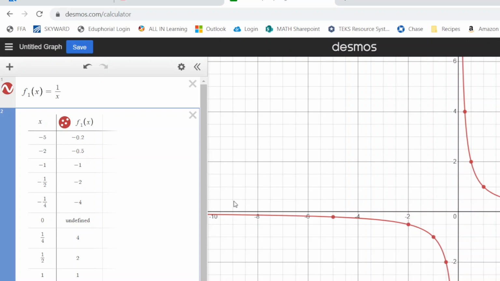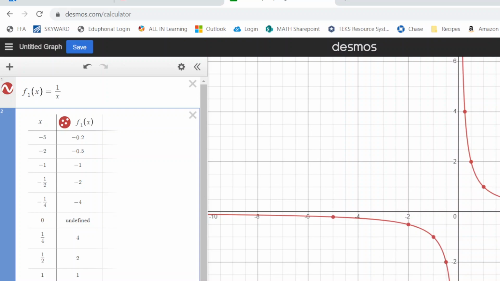But notice that as x approaches 0 from the left, y approaches -infinity. As x goes to -infinity, y approaches 0. On the other side, as x goes to +infinity, the function f of x approaches 0.